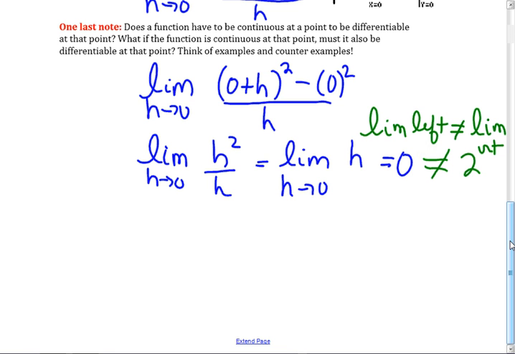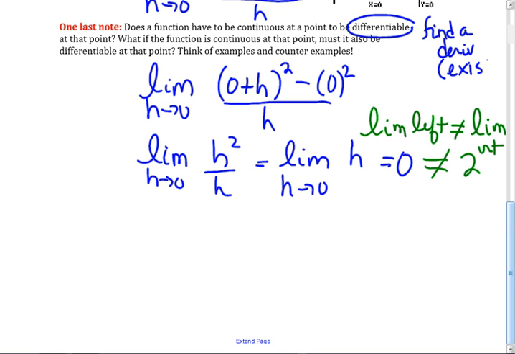Okay. Let's answer the last question. It says, does a function have to be continuous at a point to be differentiable? Now, differentiable, you have to know that word because it's going to be on the exam. That's a guarantee. And that means you can find a derivative. The derivative exists.